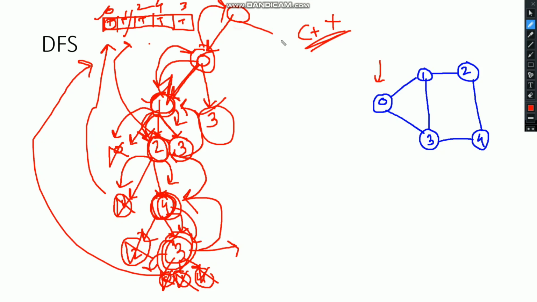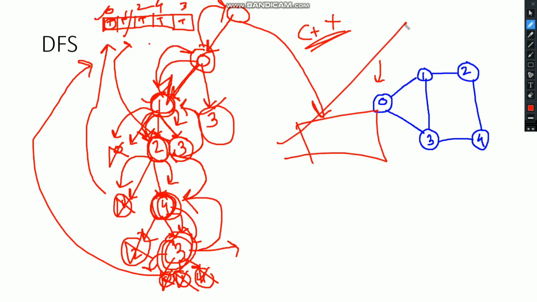Finally we'll be returning back to the main function. Either we can directly print it in the output, or we can use any data structure to store the visited vertices.